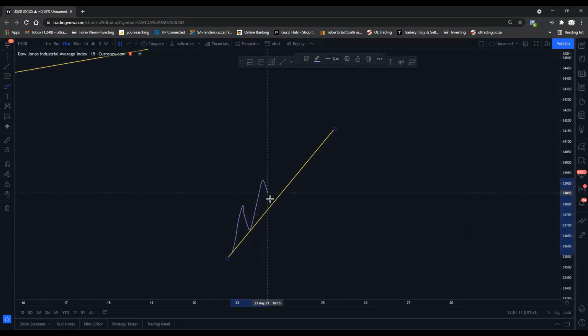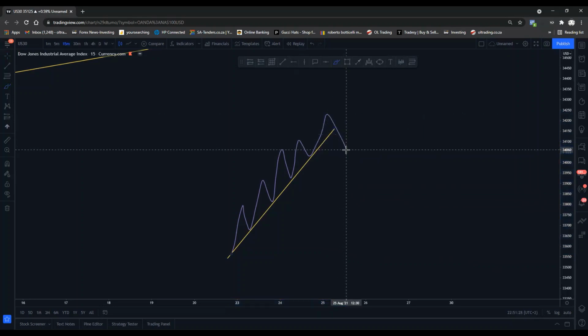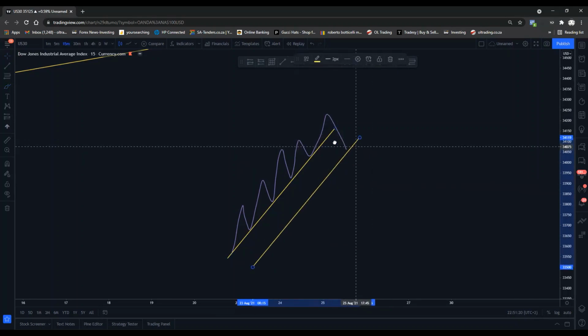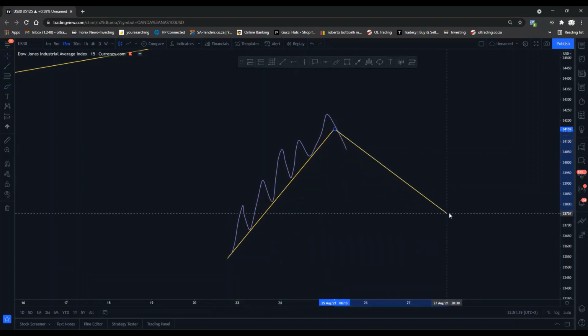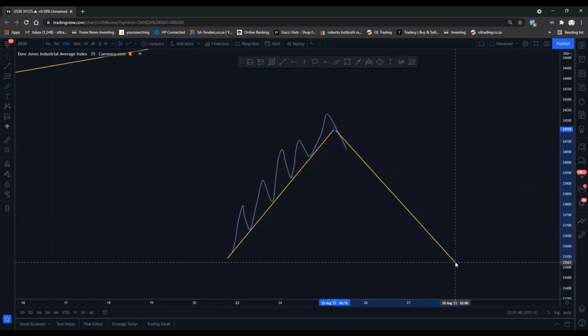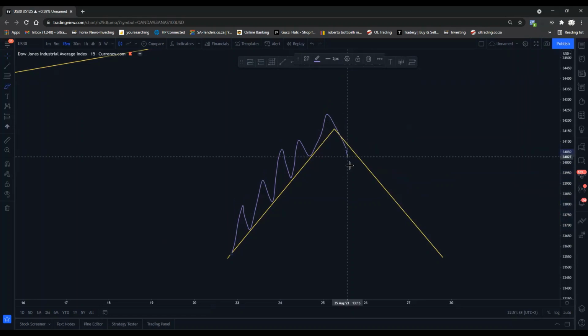Something like this, something like this. You see? Then when you are having a downtrend, you'll have this. Okay. Now you're going down.